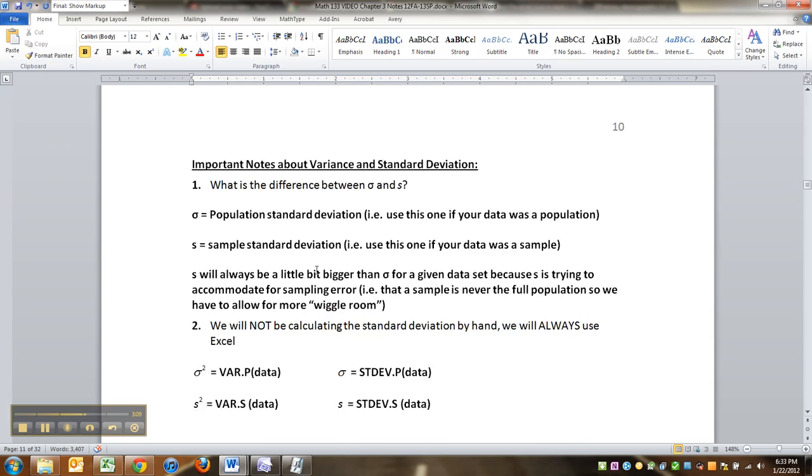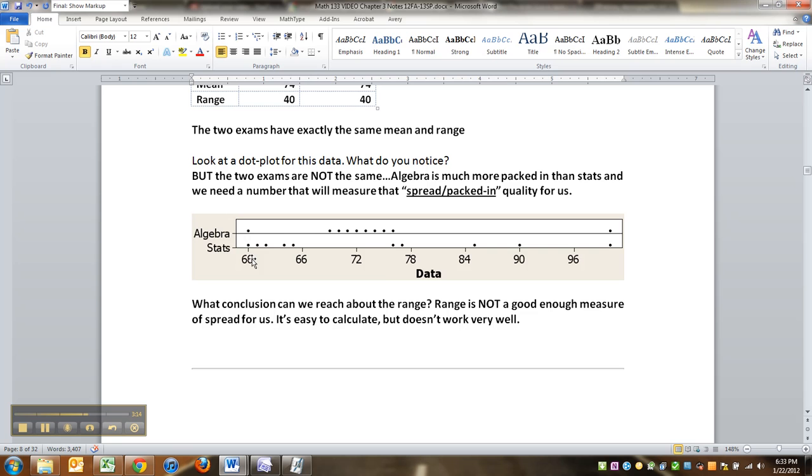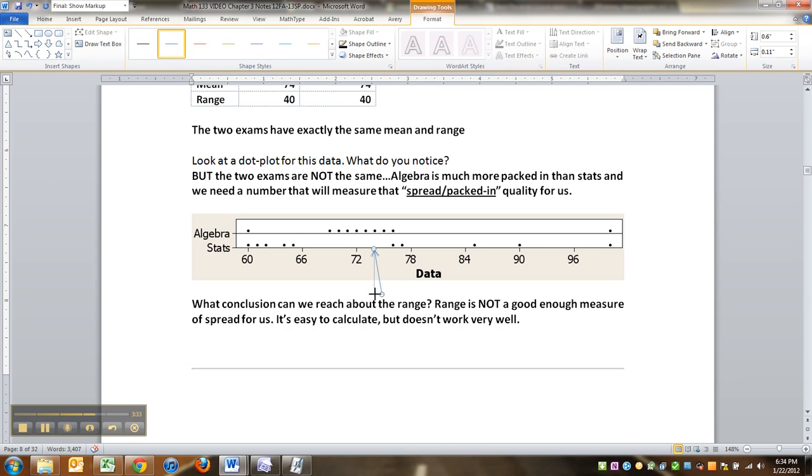Remember the dot plot? Way back, several pages. In example 3 right here, look at those stats exams. They're the bottom row. See them? They're a lot more spread out from 74. The mean is right here. Let me get you an arrow. The mean 74, oops, is right about there. Okay?